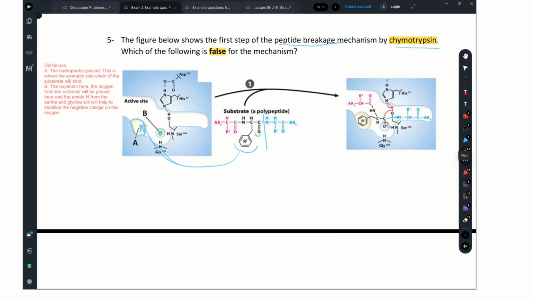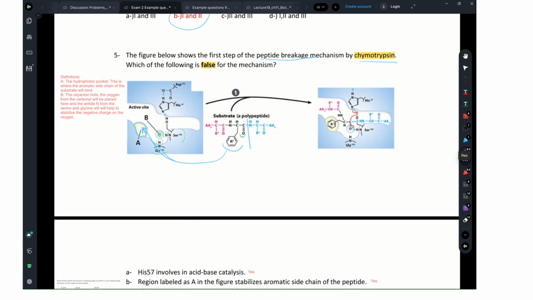The reason it's placed in this oxyanion hole is that the amide hydrogens from the glycine and the serine, these hydrogens here, are going to stabilize that partial negative charge on the oxygen. So that's the hydrophobic pocket and the oxyanion hole.